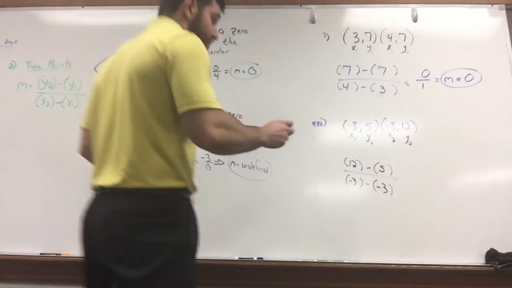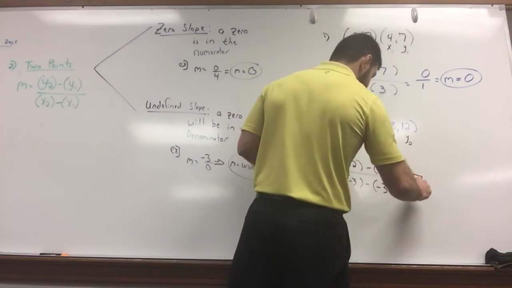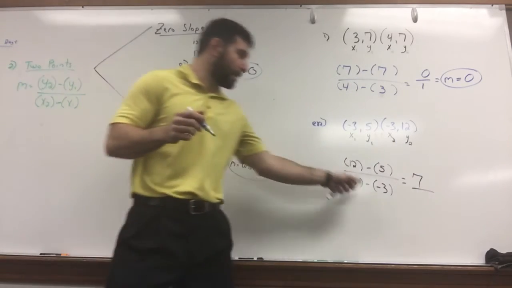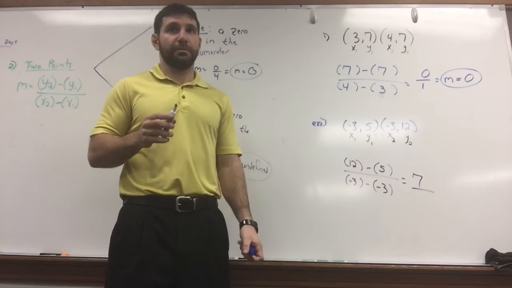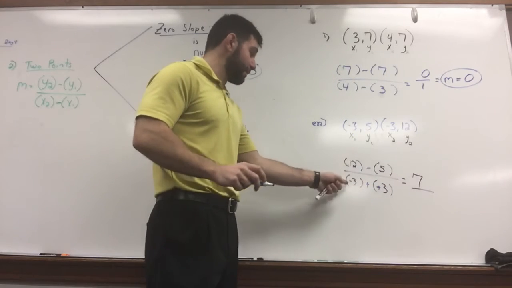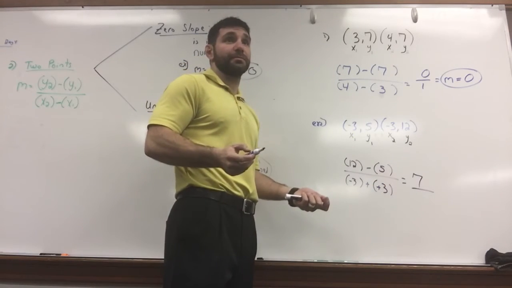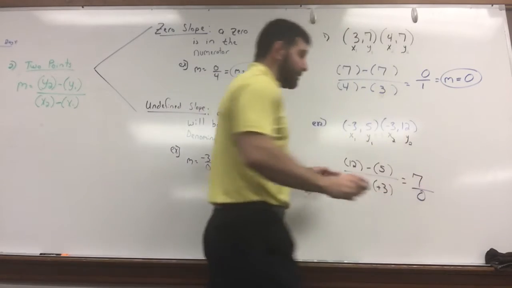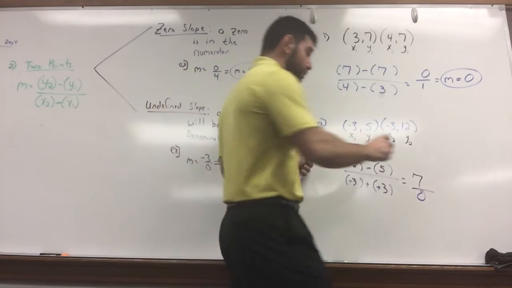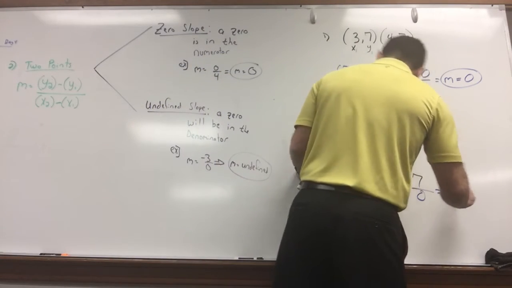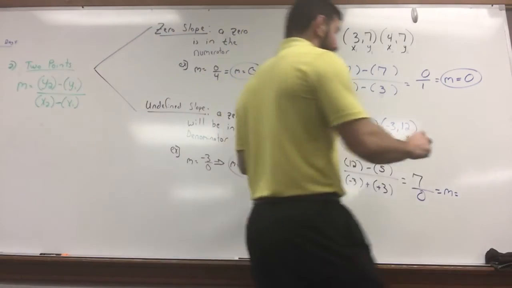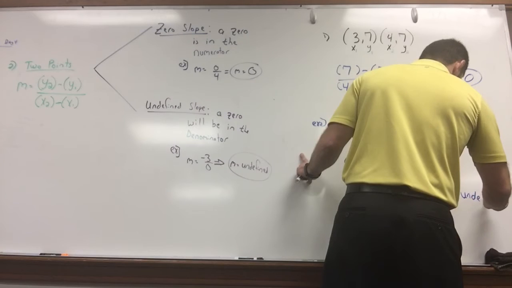So now we're subtracting. 12 minus 5 is 7. Negative 3 minus a negative 3. What happens when we have a minus a negative? It's negative 3 plus 3 now, which is 0. This time the 0 is in the denominator. Do I put m equals 0? No. When 0 is in the denominator, we cannot divide by 0, so it becomes m equals undefined.